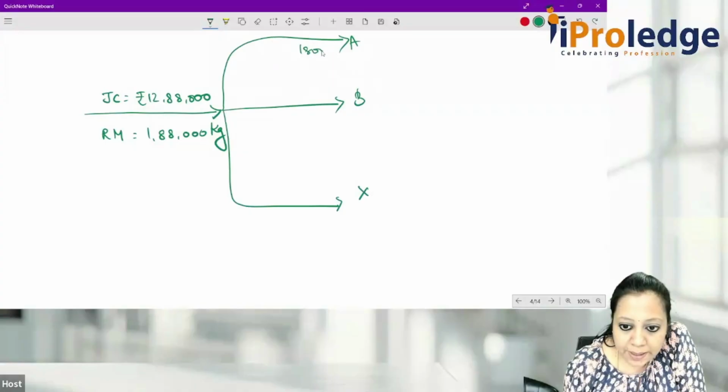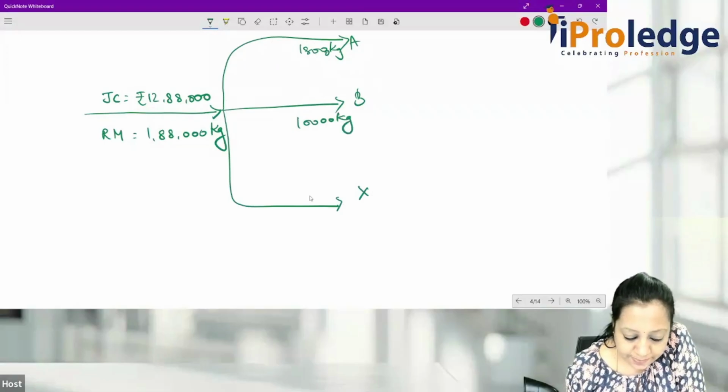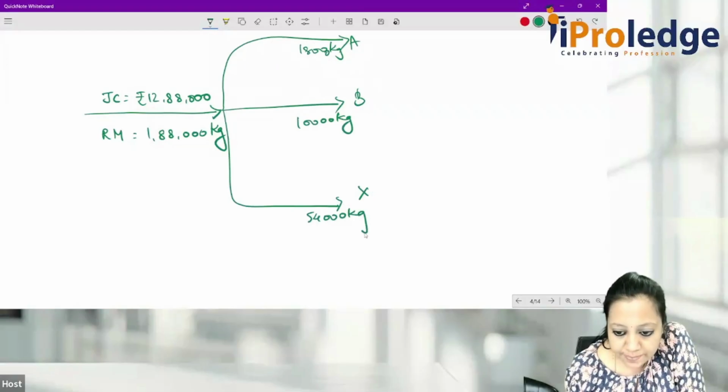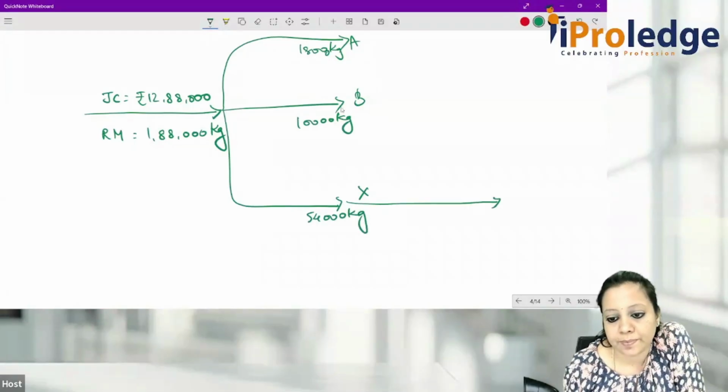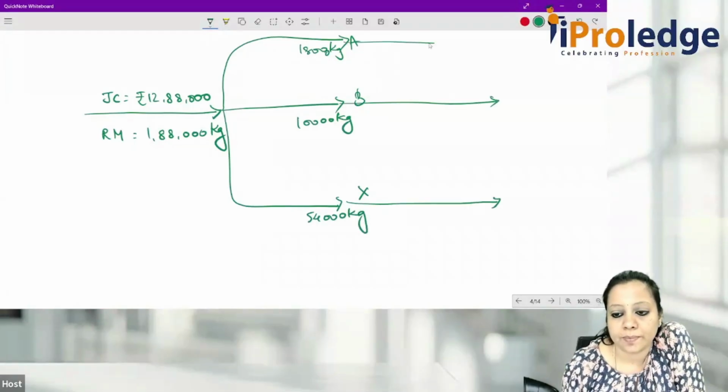So A is going to be 18,000 kgs. B is 10,000 kgs. And X is 54,000 kgs.